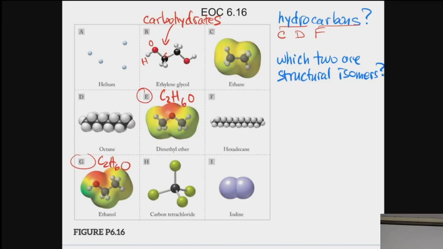So the stoichiometry, there's that S word again. Stoichiometry is really important, okay? It's the molar ratio of things. It's the molar ratio of compounds in a chemical reaction, or it's the molar ratio of elements within a compound. And in this case, it's 2 carbons for every 6 hydrogens for every 1 oxygen.